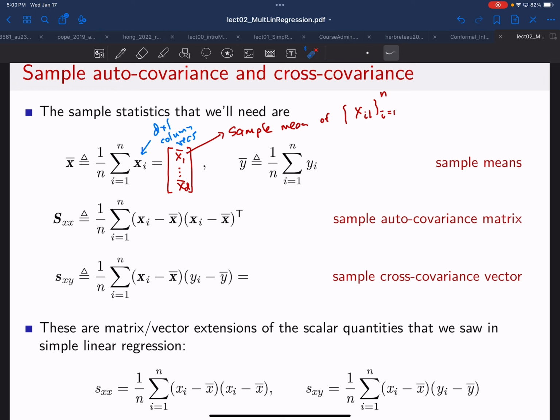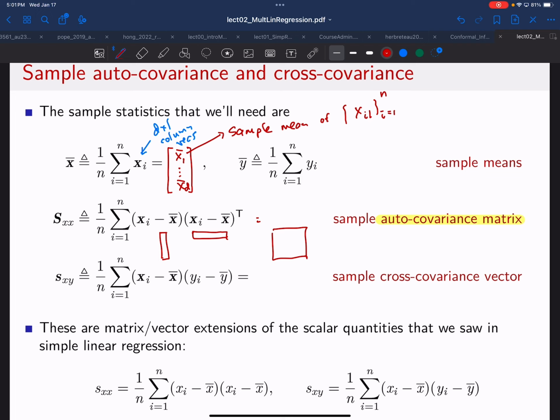Now the next thing we can do is generalize the variance to what we call the autocovariance matrix. The thing to notice here is that I have the ith sample minus its mean, which is a column vector. Over here I have the same thing configured as a row vector, that transpose. When you do this, you get a square matrix.